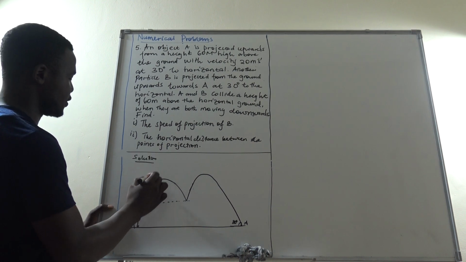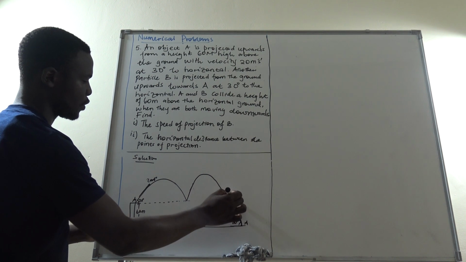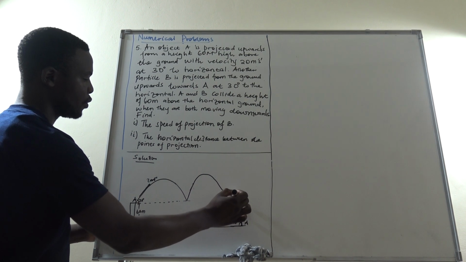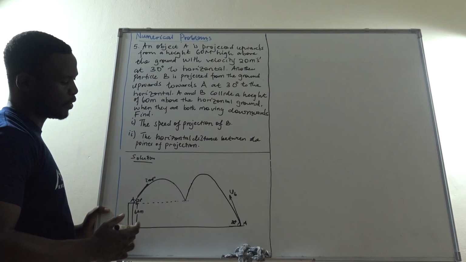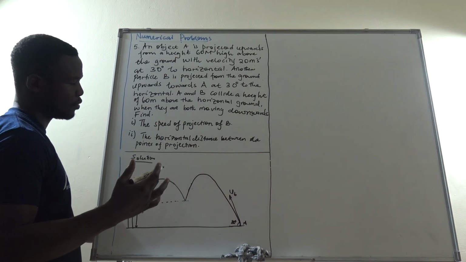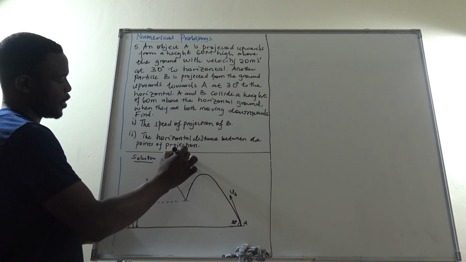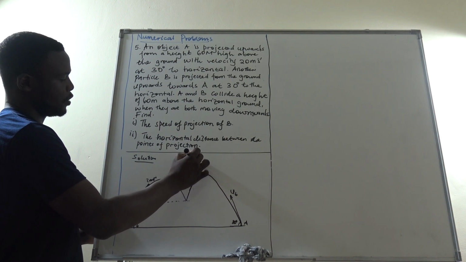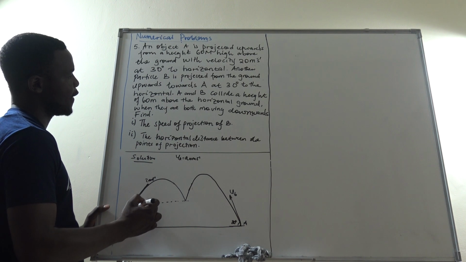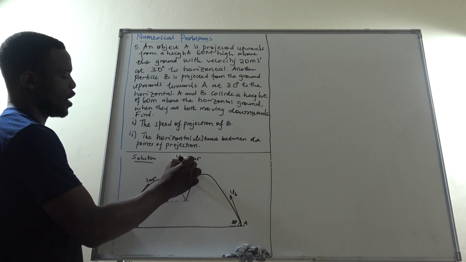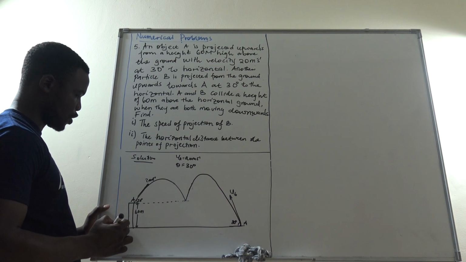Particle A has an initial velocity of 20 meters per second. Particle B, we shall let its velocity be UB because it is what they want. For A, its initial velocity is 20 meters per second, and the angle of projection in both cases is 30 degrees.